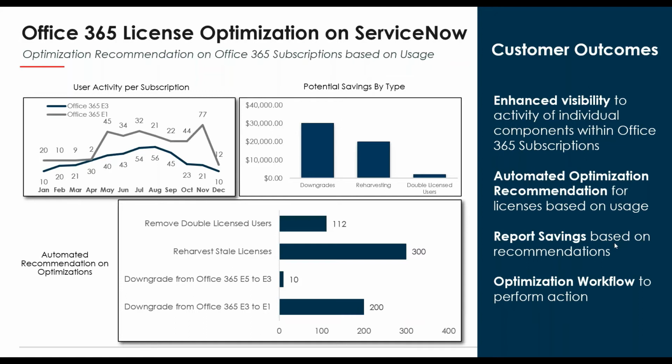We'll take a quick look in the system at what that looks like. I think many of our customers have moved to Office 365. It's bordering on the ubiquitous for sure.